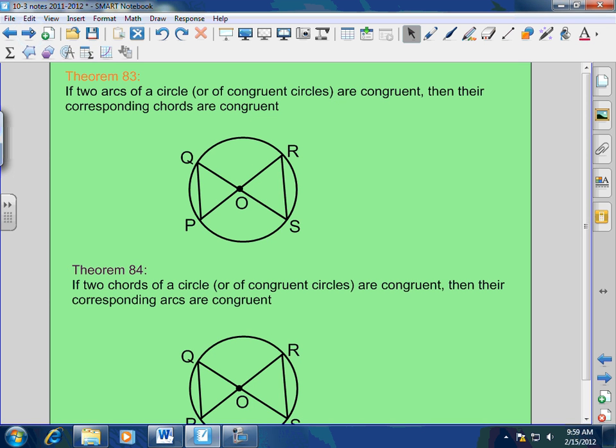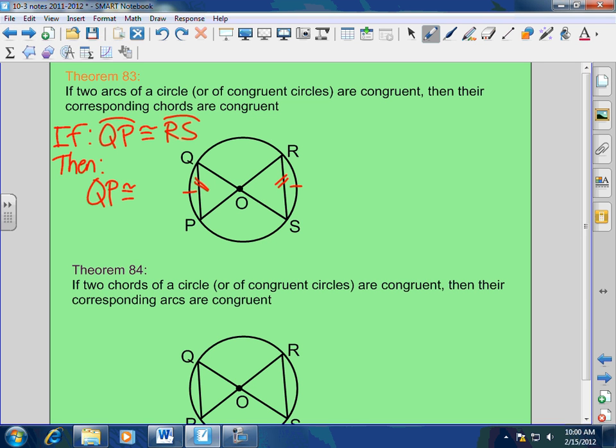We're almost done. If two arcs of a circle are congruent, then their corresponding chords are congruent. So if arc QP is congruent to arc RS, then chord QP is congruent to chord RS.